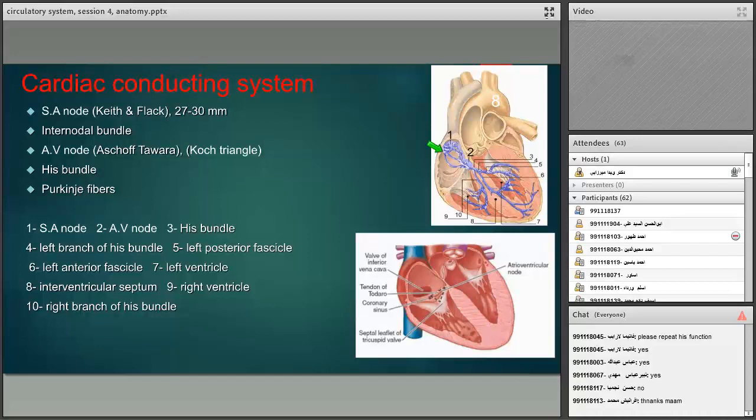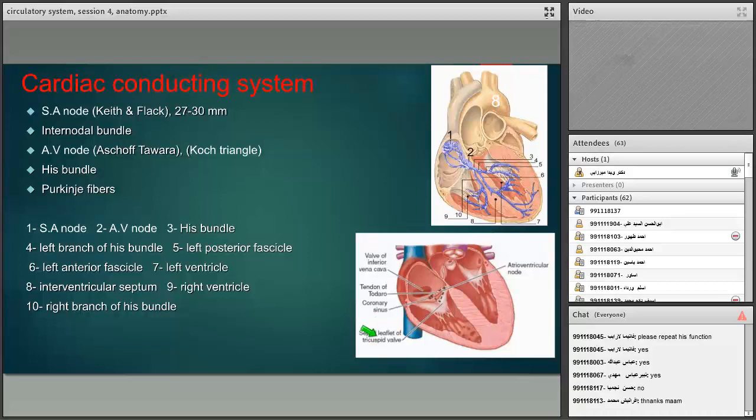Okay? The next part, number 2, is the AV node or atrioventricular node. The atrioventricular node is placed in a triangle named Koch's triangle. Koch's triangle is placed between the right atrium and the right ventricle, and it has 3 sides.